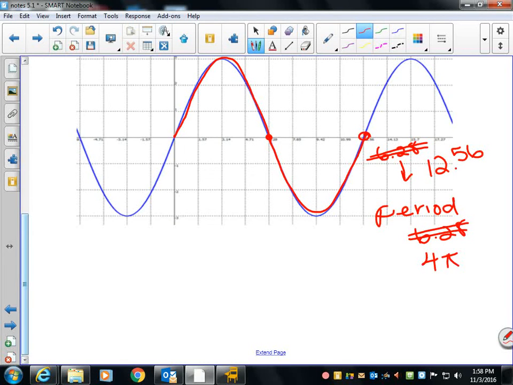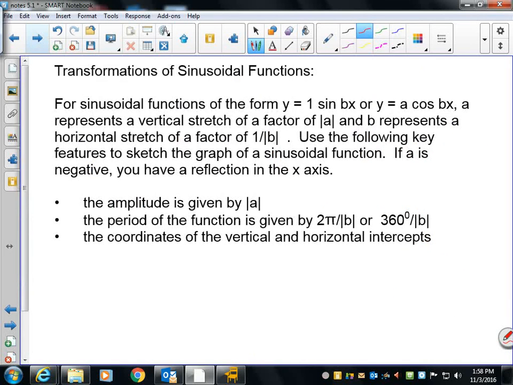Well, we started at 0, right? So we went all the way up and back down until we restarted again. Okay, so be careful. It's not where it hits the x-axis next, it's where the pattern repeats. Okay? And amplitude is? So, 2, I believe.